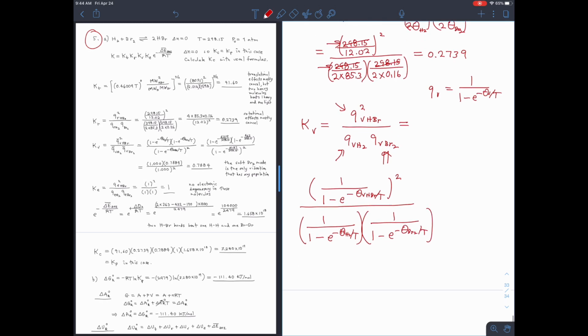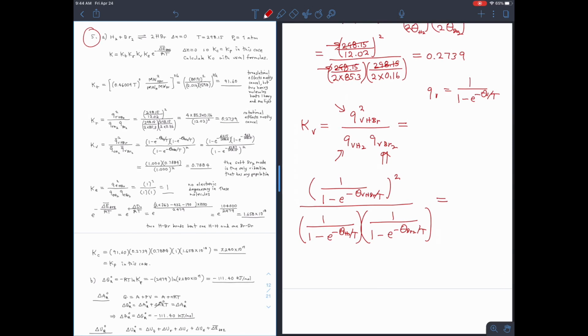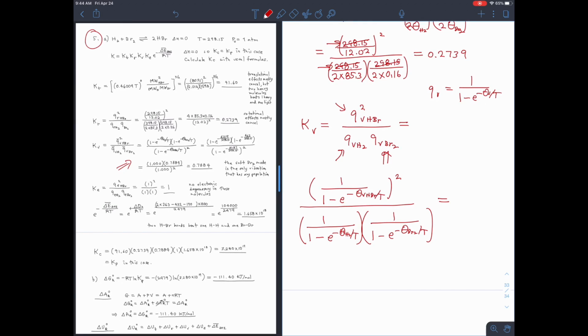And plugging numbers in and doing that calculation, that's actually all over here on the other side. So here it all is on the other side. I won't plug in the numbers in this case since I think it's pretty obvious. That turns out to be 0.7884 for the contribution from vibrations to the equilibrium constant.